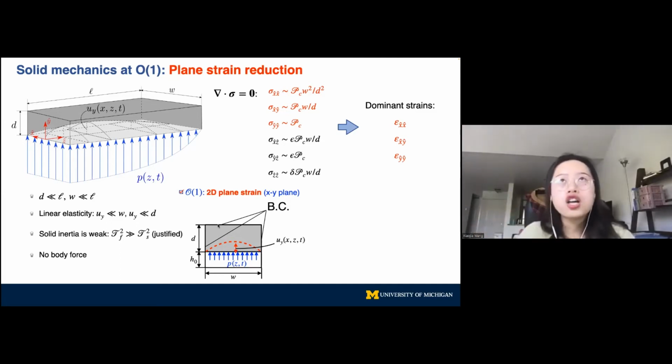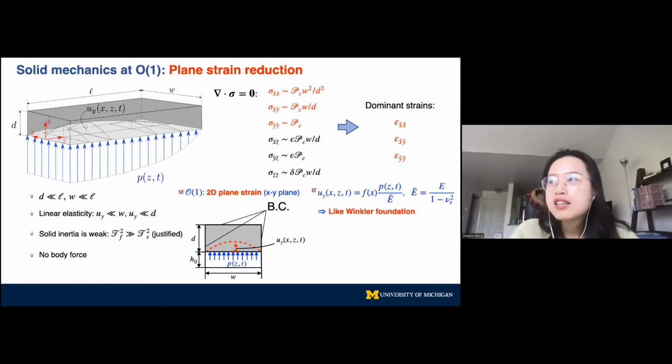And depending on the configuration of the micro-channel system, you can apply different boundary conditions at these 3 surfaces. No matter what, you can show that the interface displacement UY has a general solution which is written in this separation of variable form.